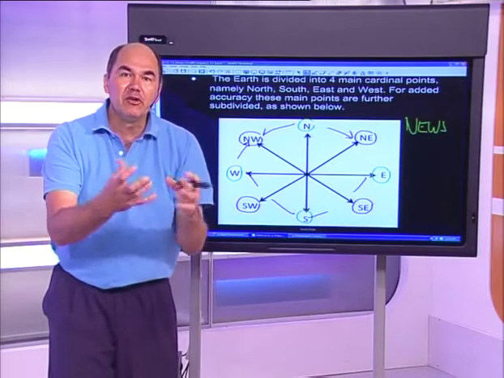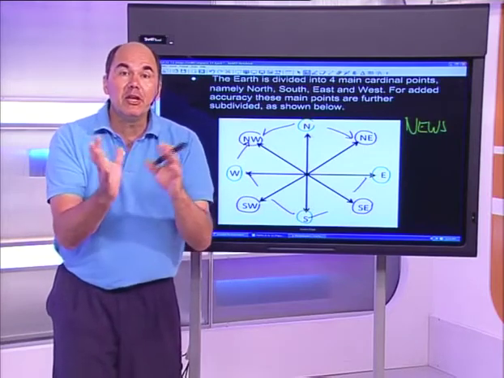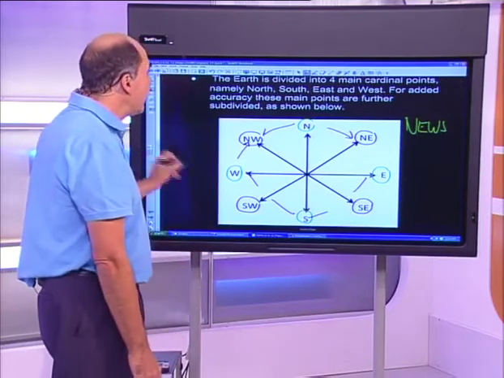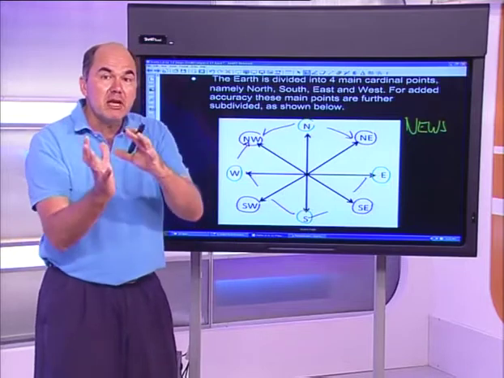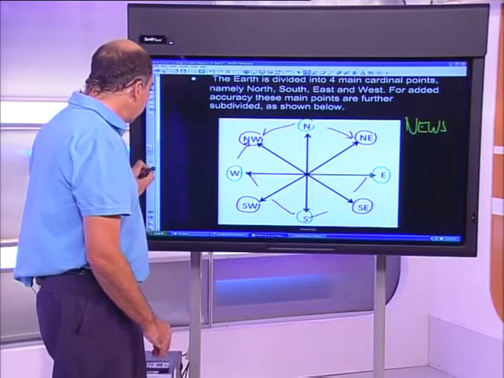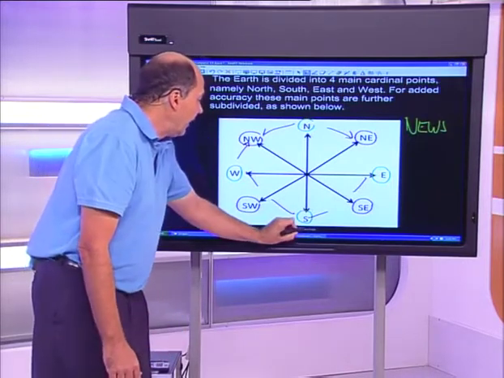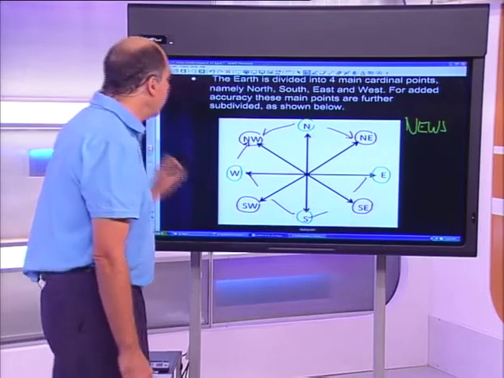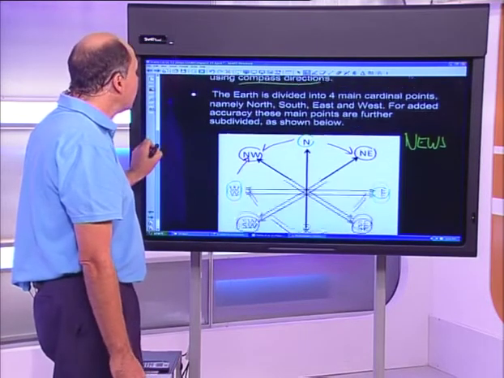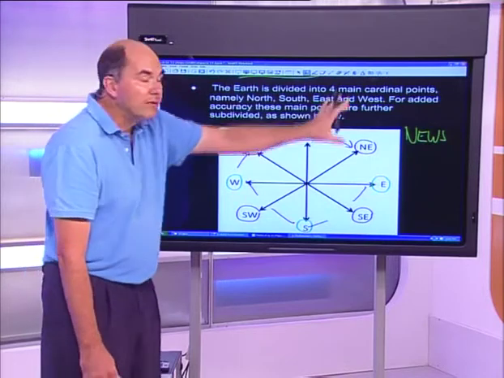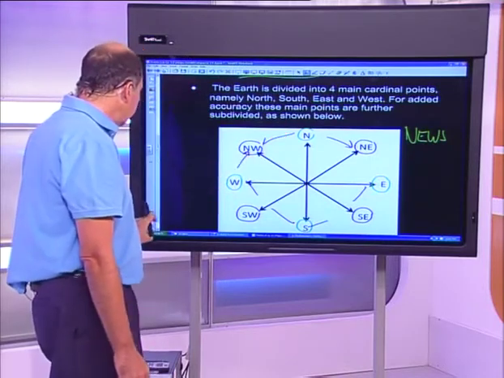We don't really do that very often. We normally convert them to bearings, and we use protractors to measure, and we can get into that a little later, because I don't think we really need to worry about that. It's just to revise ourselves that we've divided the earth into those points.